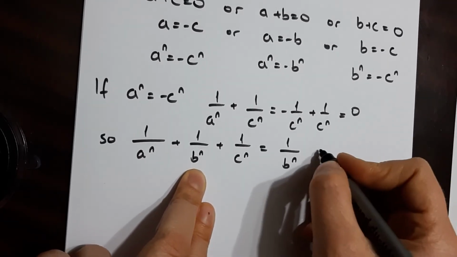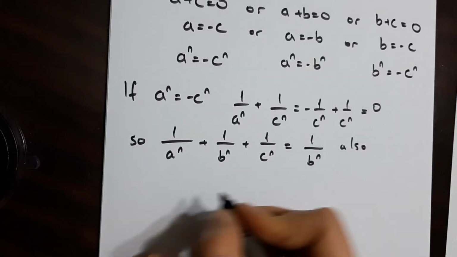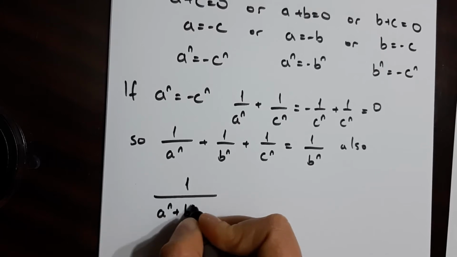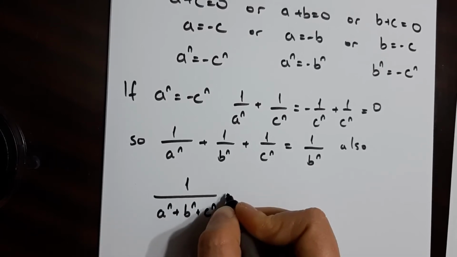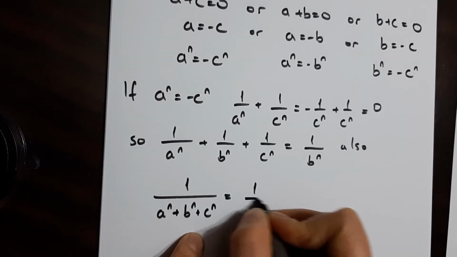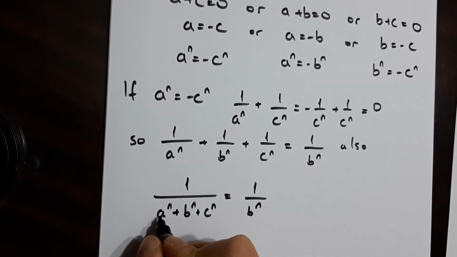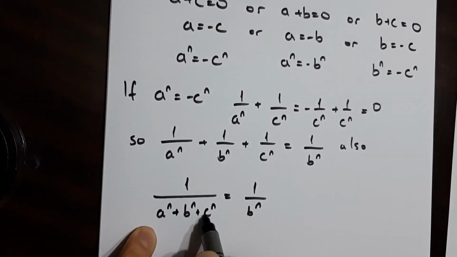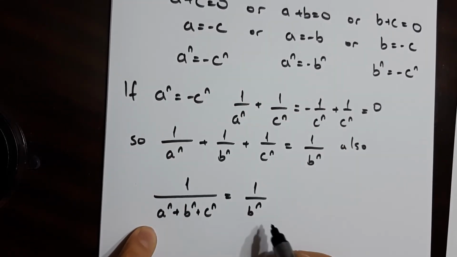So this sum will be equal to 1 over b to the power of n. Also, I can write that 1 over a to the power of n plus b to the power of n plus c to the power of n is equal to 1 over b to the power of n. Why? Because a to the power of n is minus c to the power of n. So these two will be 0. It will be b to the power of n.